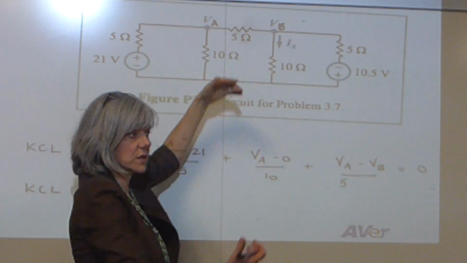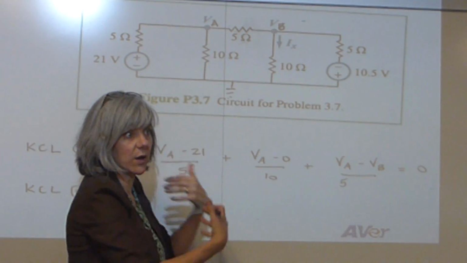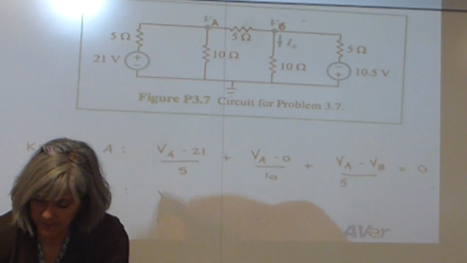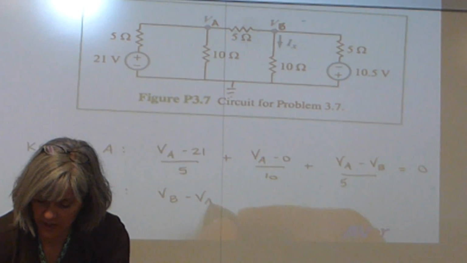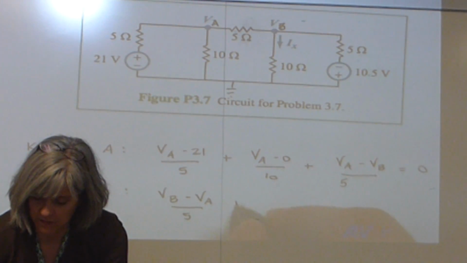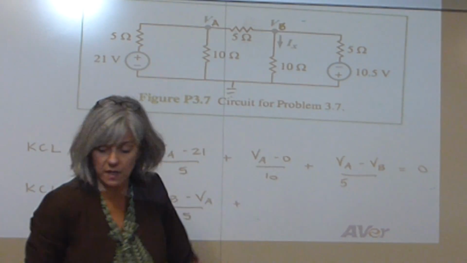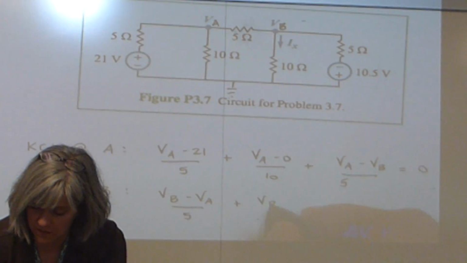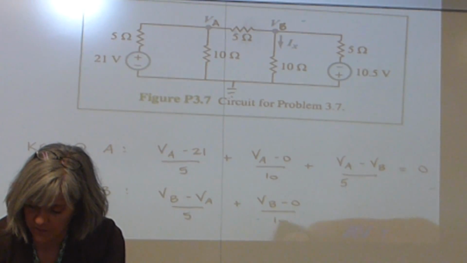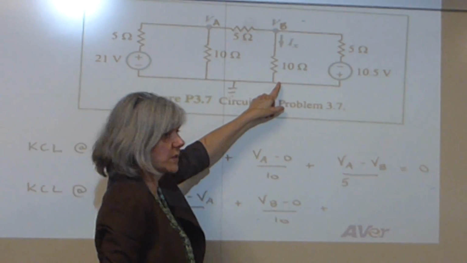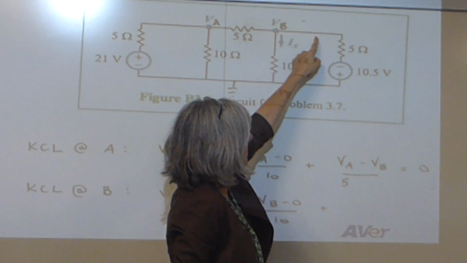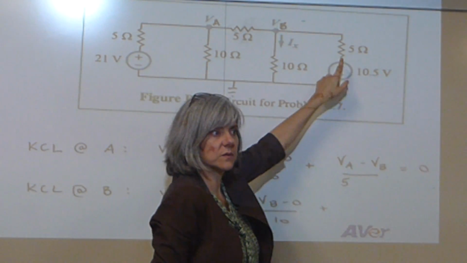That's okay, it's just from the perspective of node B, that's out. So V sub B minus V sub A over 5 plus V sub B minus 0 over 10 plus, now we've got to be a little bit careful, V sub B minus, what is this value here?